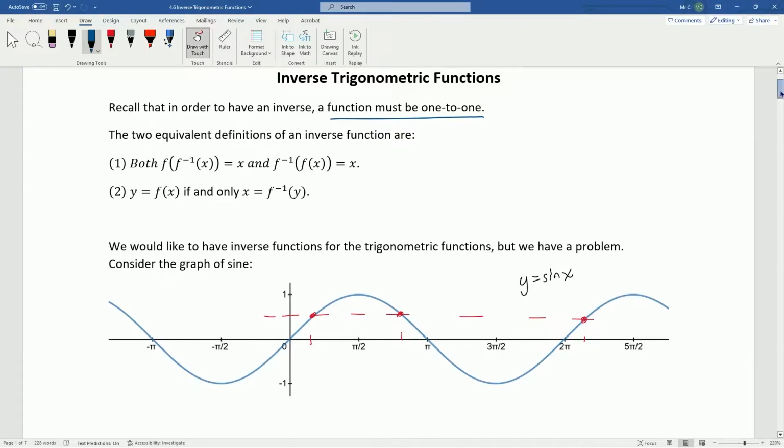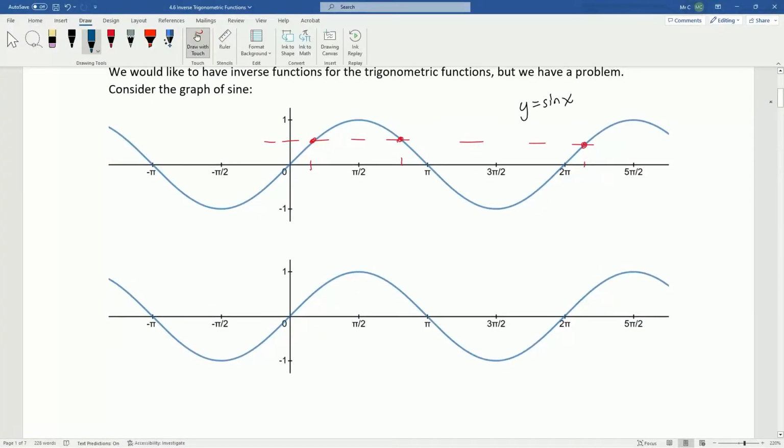So let's take a look here. I'm looking at my graph for sine of x, and I'm thinking, what could I do to this graph so that it's actually a one-to-one function? Well, imagine that I just took this graph and I cut it at negative pi over 2 and pi over 2, and we just erased everything else.